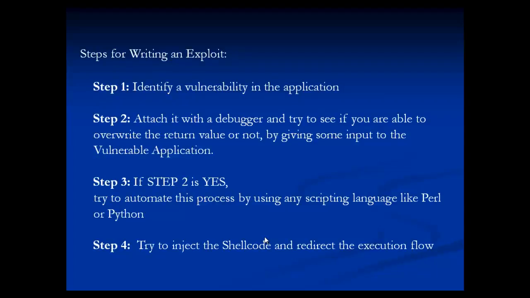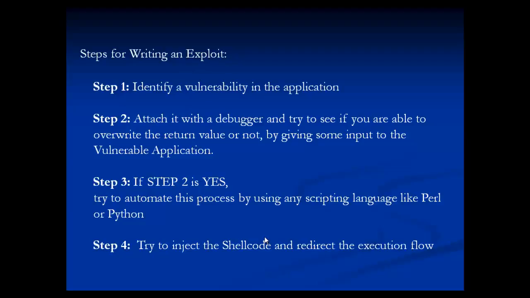Now let us try to understand the steps in writing a simple exploit. First, we need to identify a vulnerability in the application, and we have to attach it to a debugger and try to see if we are able to overwrite the return value, which means the EIP, the instruction pointer, by giving some input to the vulnerable application.